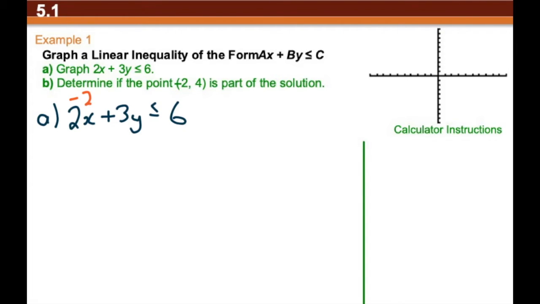Easiest way to do that, subtract 2x from both sides. Leaves us with 3y is less than or equal to negative 2x plus 6. Then we need to divide everything by 3.